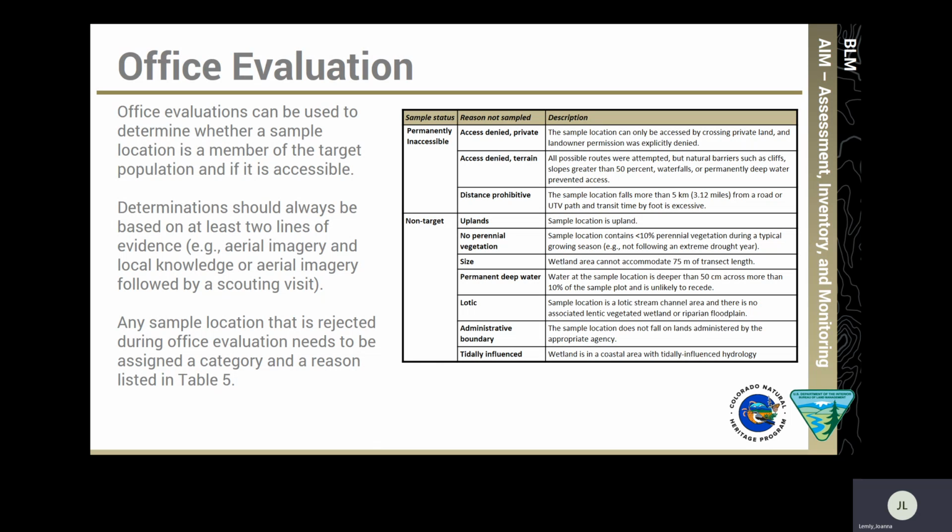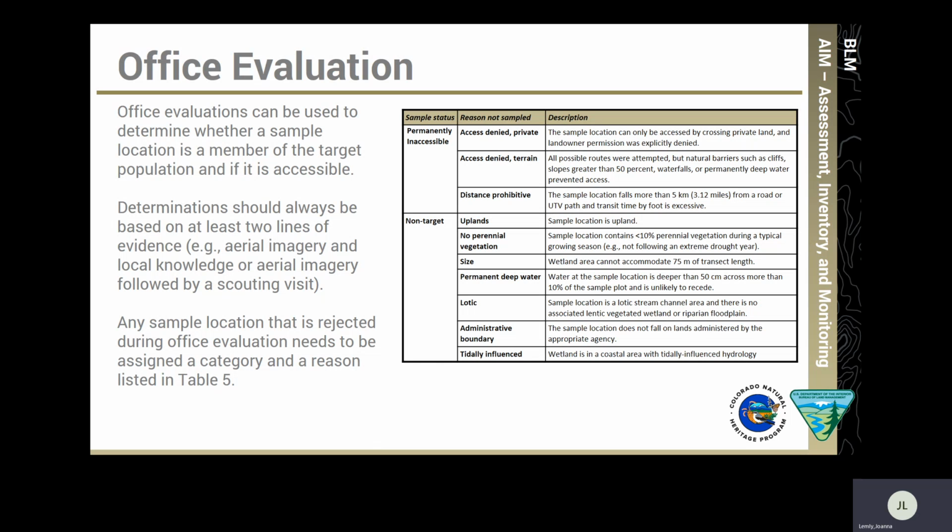Office evaluation can be used to determine whether a sample location is a member of the target population and if it is accessible. These determinations should always be based on at least 2 lines of evidence, meaning aerial imagery and local knowledge, or aerial imagery followed by a scouting visit. Any sample location that is rejected during office evaluation needs to be assigned a category and a reason listed in Table 5.